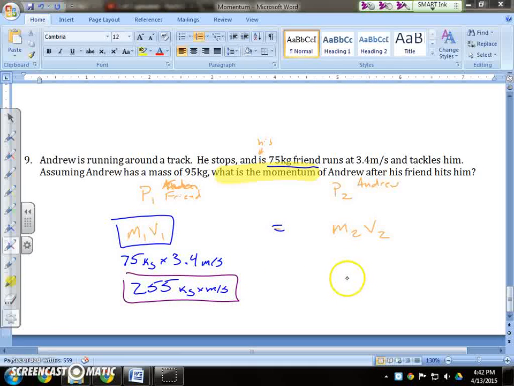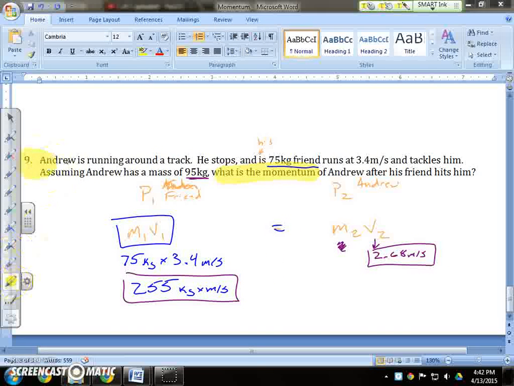Now, if I was asking you to take it a step further and figure out Andrew's velocity, I would divide both sides by 95 to end up getting a velocity 2 of 2.68 meters per second. But again, this is taking it a step further than you actually need. In terms of answering this question, number 9, that does it.